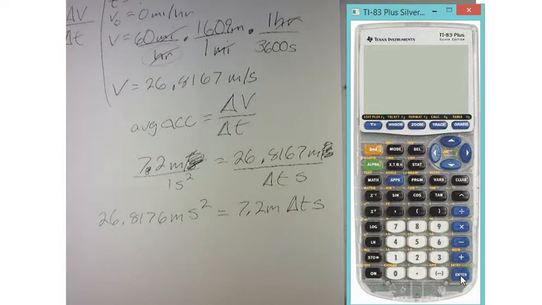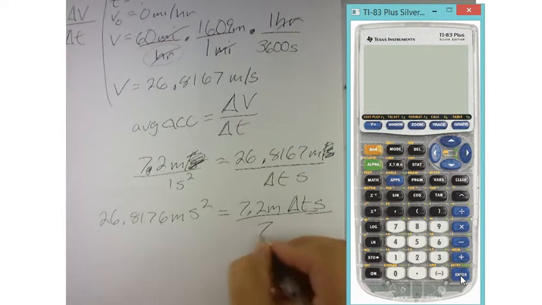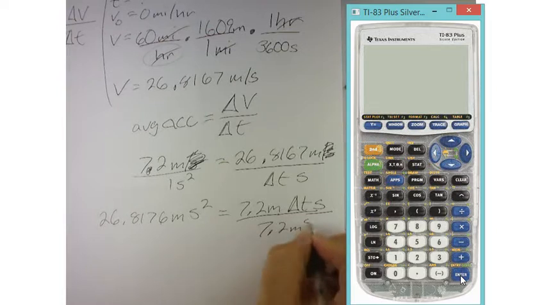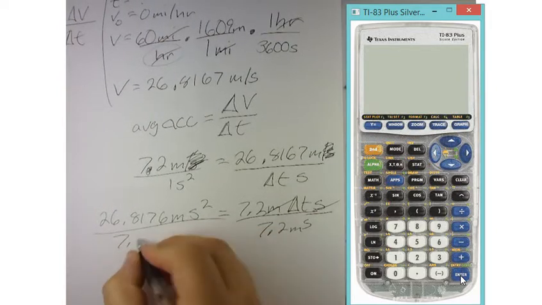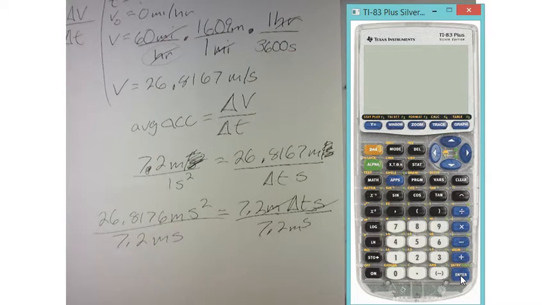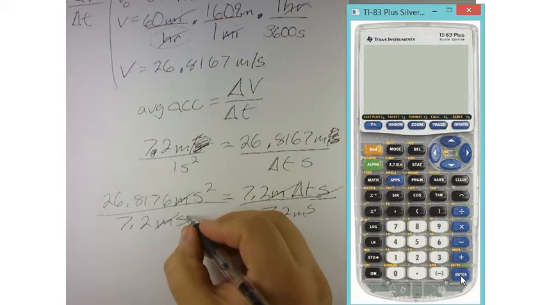What am I solving for? Delta t, right? So I'm going to divide this whole thing by 7.2 meter seconds. So the meters and the seconds will cancel, and I'm going to divide over here by 7.2 meter seconds. So the meters cancel with the meters. Now I've got 1 second here and 1 second here.